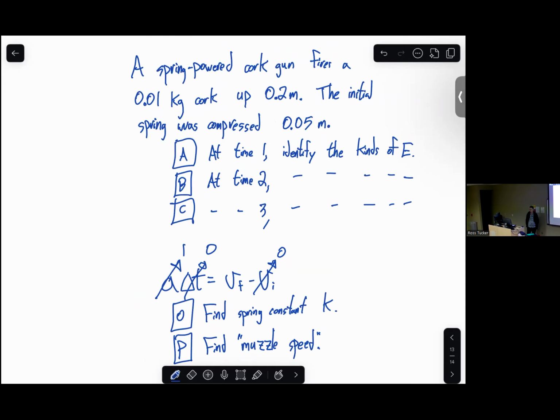I will remind you, by the way, that we assumed that the initial height was 0. Hint, hint.